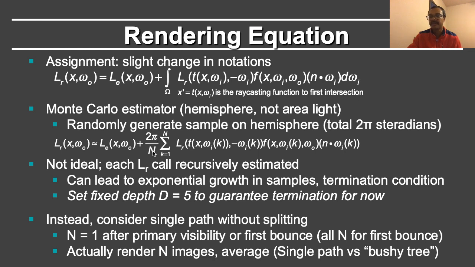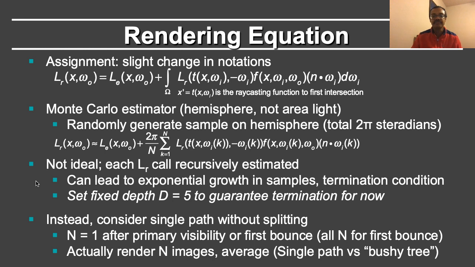You divide by the number of samples to normalize, and inside the summation, you have an estimator which is essentially the corresponding term in the integral. So for the reflected light, here we have denoted omega I as a function of k, which corresponds to the omega I for the kth sample. Notice that you're drawing different samples on the hemisphere. For each of your samples, you have a different incident direction. So you multiply by the BRDF and the normal.